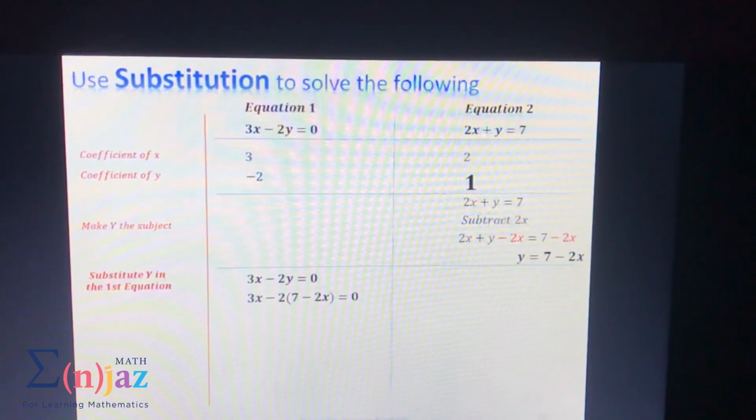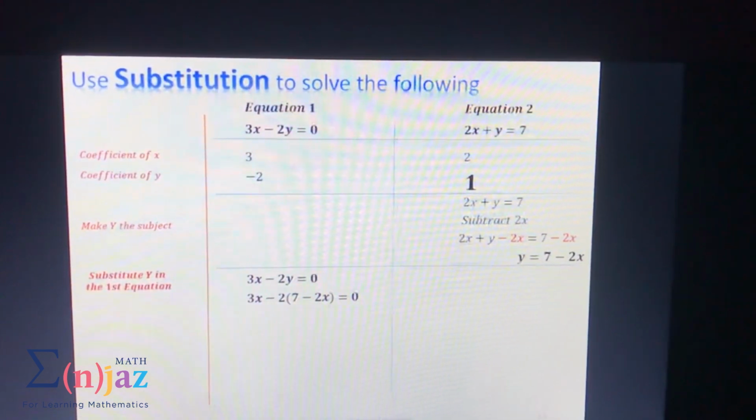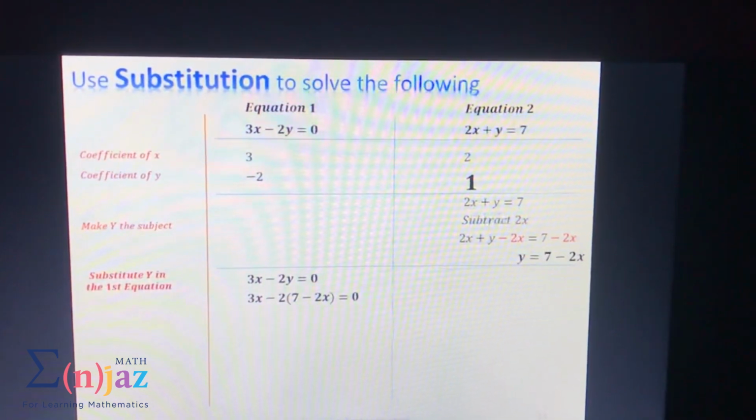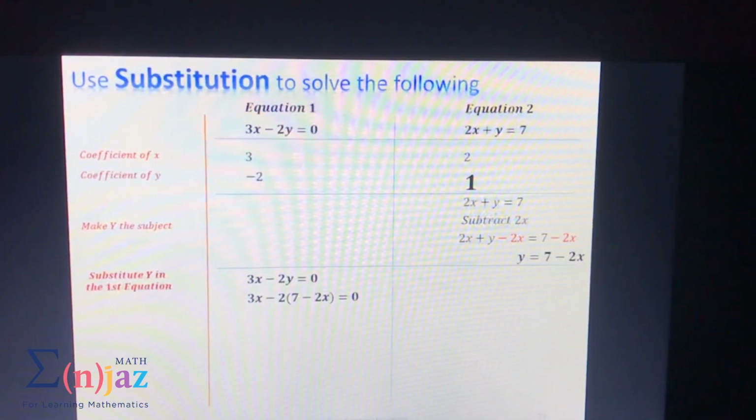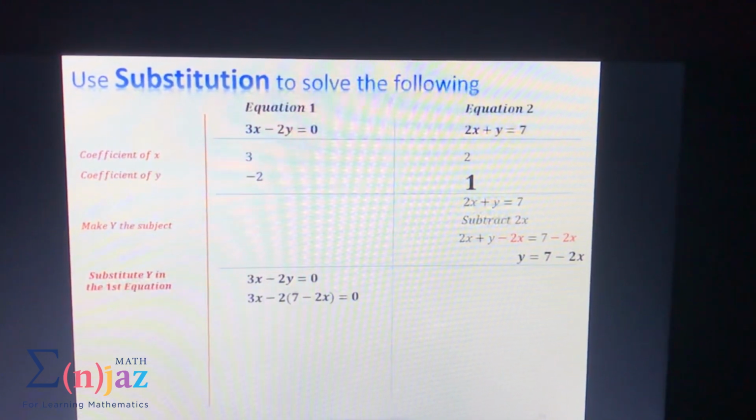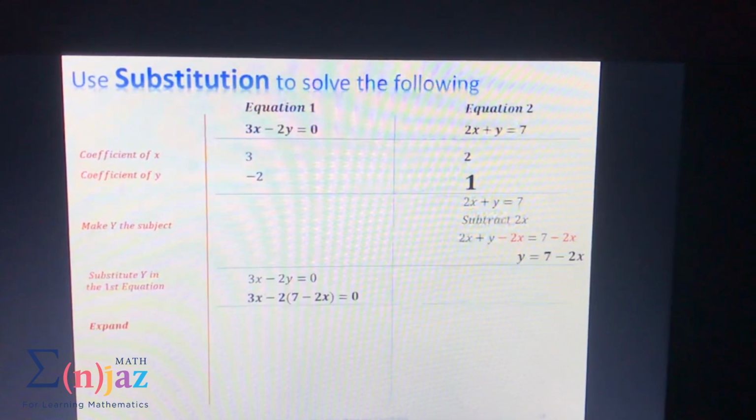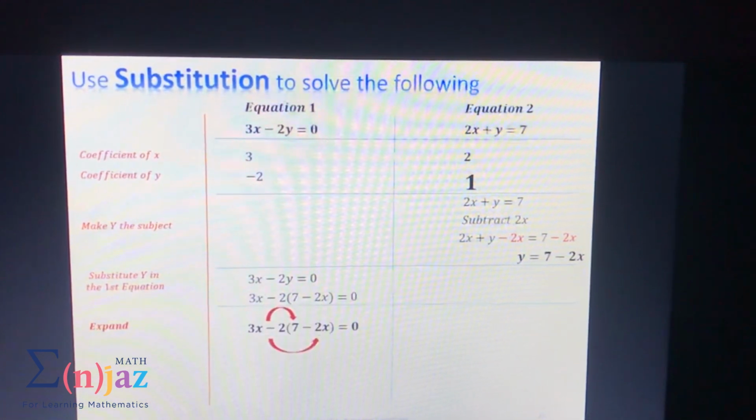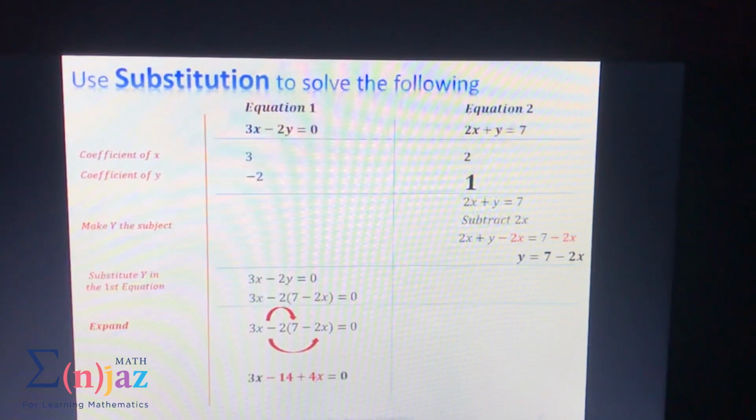The second step here, so we have here an equation with one unknown. We need first to get rid of the brackets by expanding. So negative 2 times 7 is negative 14, and then negative 2 times negative 2x is plus 4x. So we expand, 3x will come down as is, and like I said, negative 2 times 7 is going to be negative 14, negative 2 times negative 2x is plus 4x.